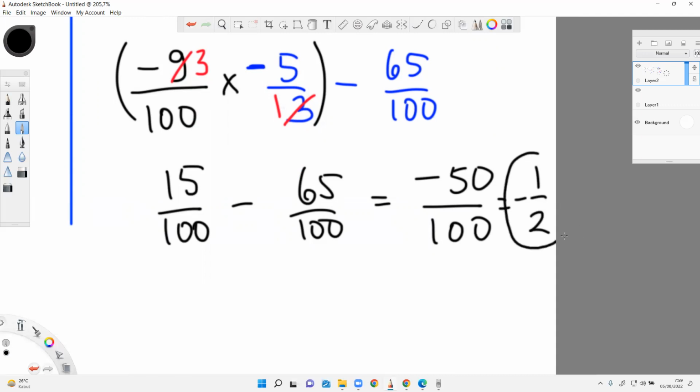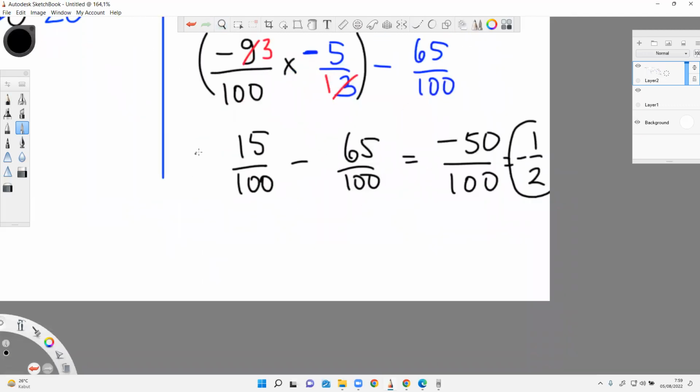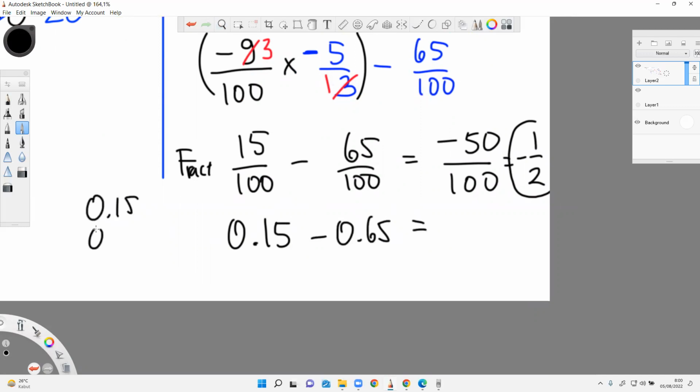Right? There is another way, by using the decimal strategy. This is the fractional strategy. If decimal, the 15 over 100 I can change to 0.15, right? And 0.65, two decimal places, right? It can also work: 0.15 subtract 0.65.